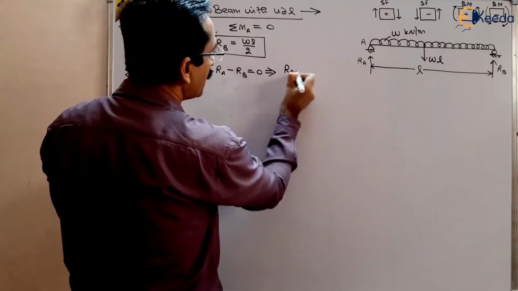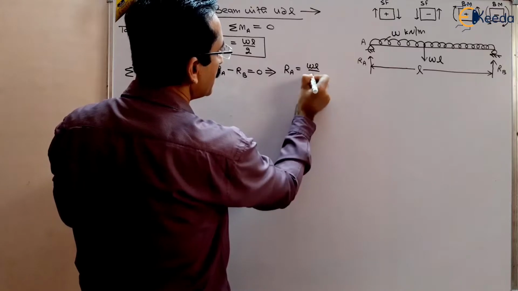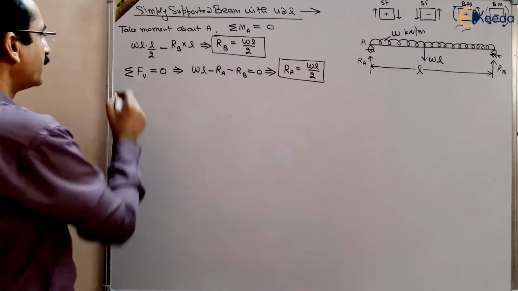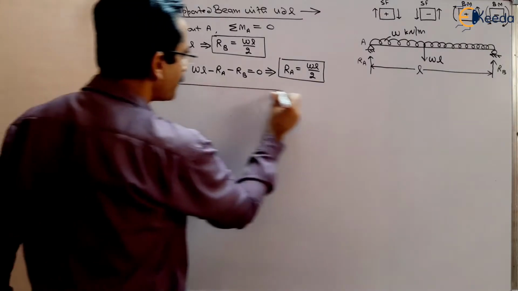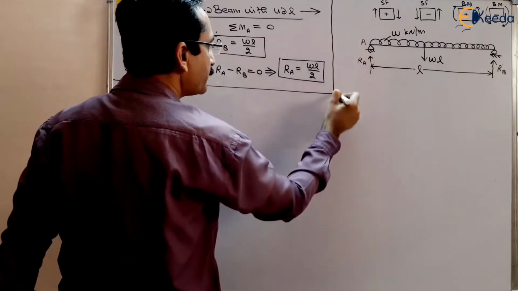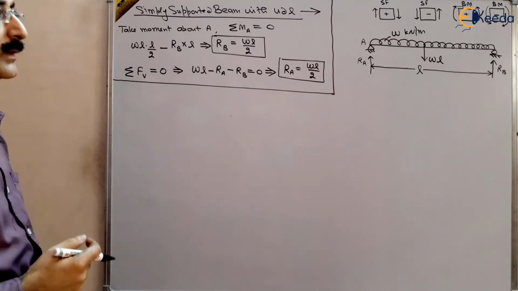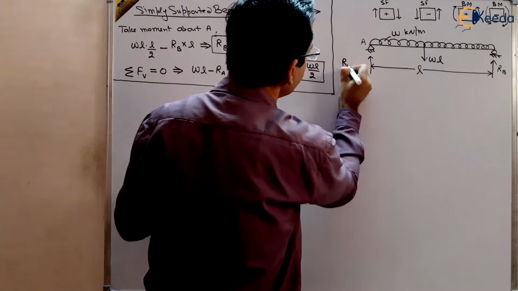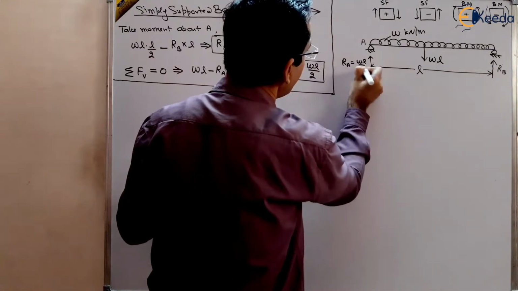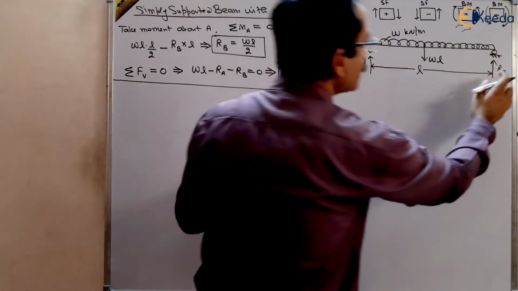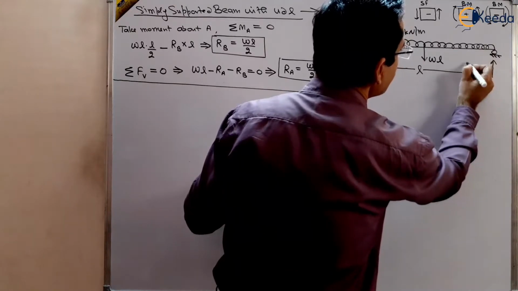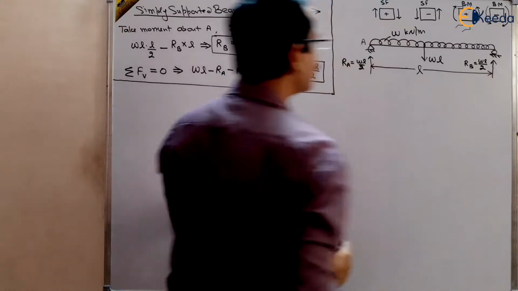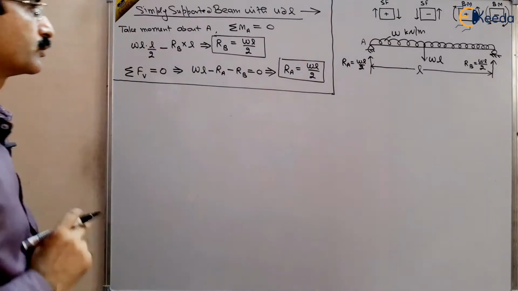So RA will come out to be again WL by 2. So we have obtained the reactions at the 2 points, RA and RB: RA is WL by 2, and RB is also WL by 2. So now the reactions are known to us.